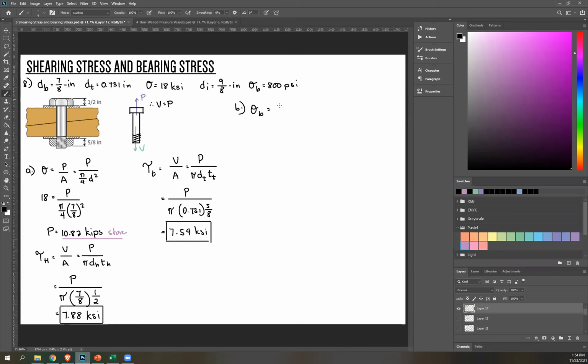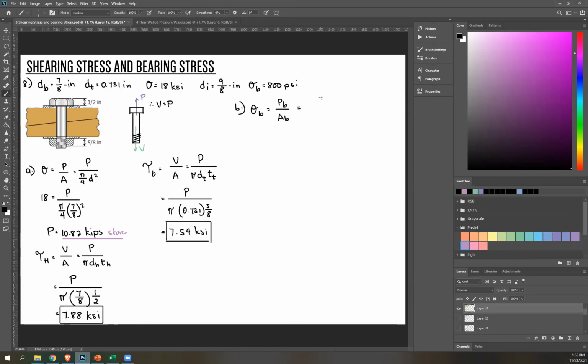And then the equation for that is simply PB over bearing area. Now, PB, what's that? It's the force causing the pressure between your surfaces. In our case, it's the same as this, right? This force also causes these two to push against each other.